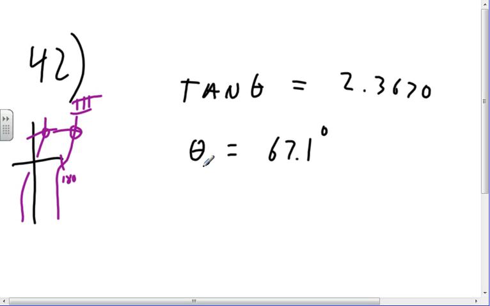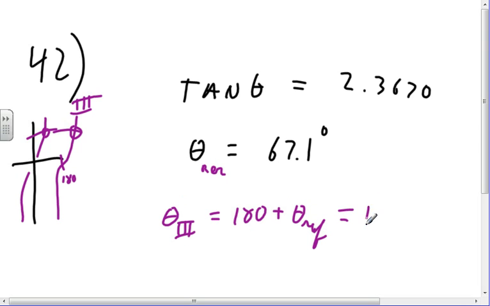This is not only my answer, but it's also the reference angle because it's a first quadrant answer. The angle in the third quadrant is going to be 180 plus the reference angle. 180 plus 67.1, 147.1.